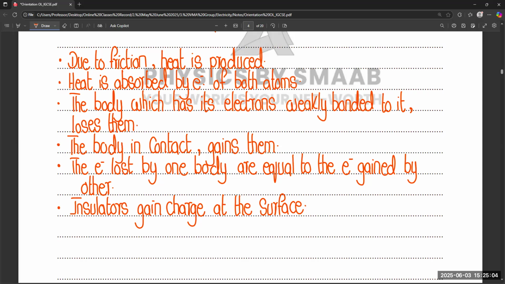So their movement is slightly frozen. So when we are moving on the carpet-type surface, because of friction we get thermal energy, and our body gets charged because of the friction, just like this process.